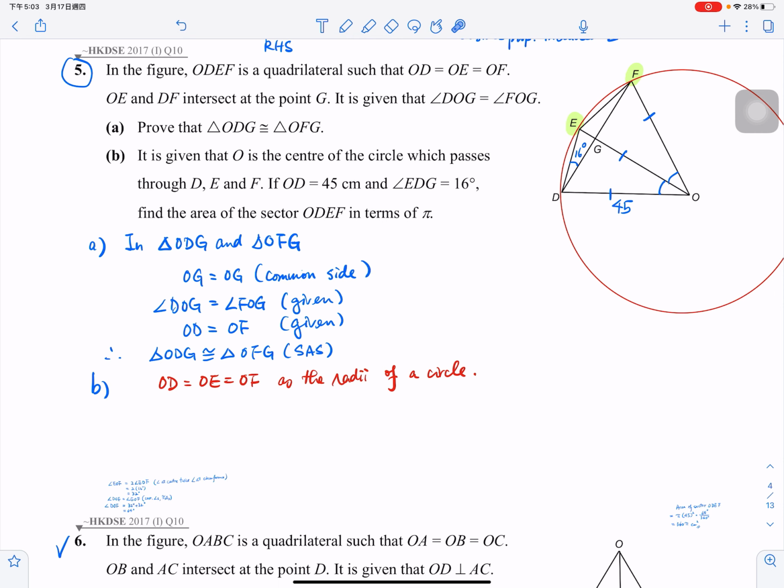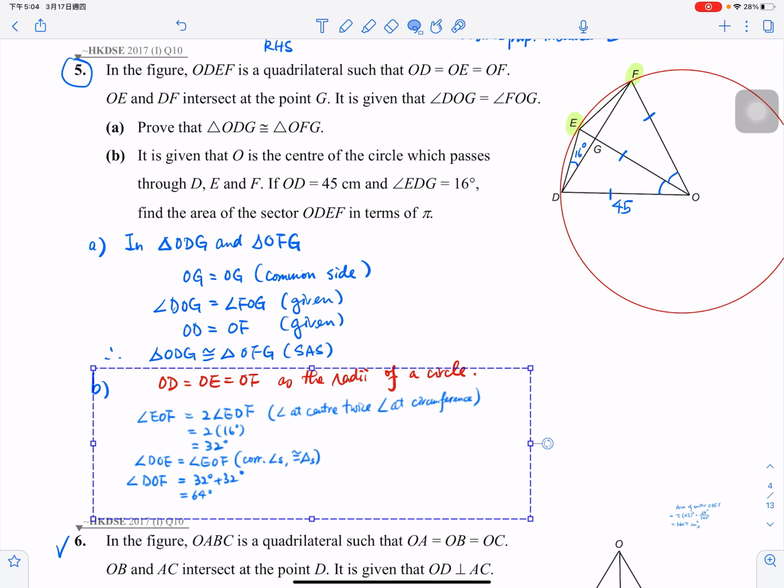Very good. If we want to find the area of the sector ODEF, we need to find out the angles here. Do you know how to find the angles here? Angle EDF is 16 degrees. That means this one is related to 16. Yeah, 2 times, very good.